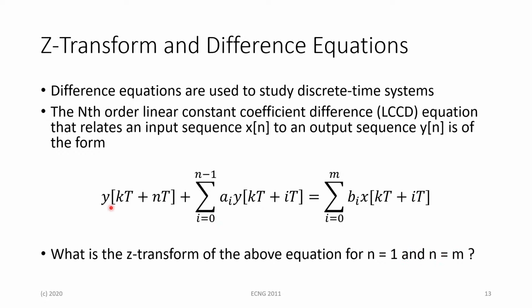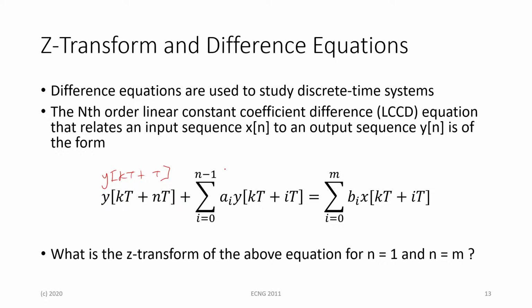That means that we'll have y of kt plus t here in our brackets. I'll write this on the slide. So this here becomes y of kt plus t. This summation series here, because it's going to be i equals 0 to n minus 1, so that's going to go just down to 1 minus 1 being 0.